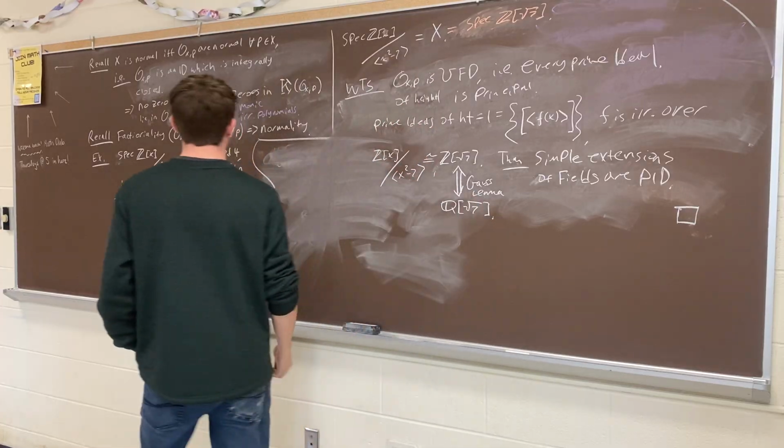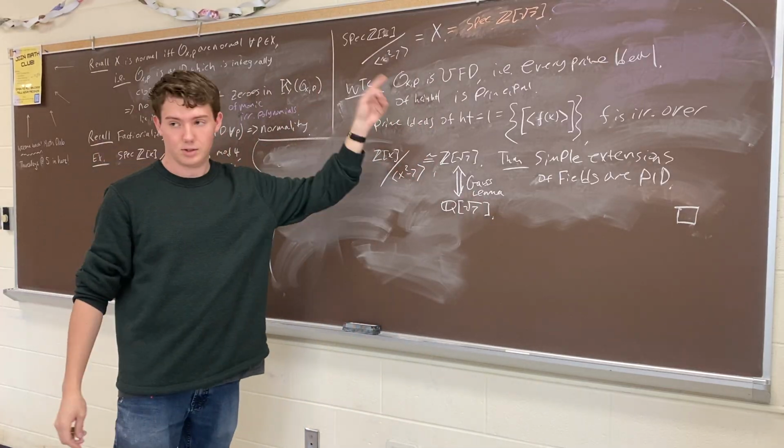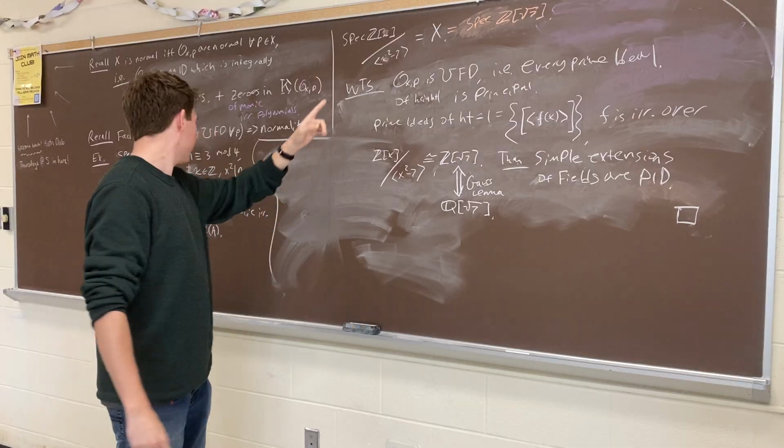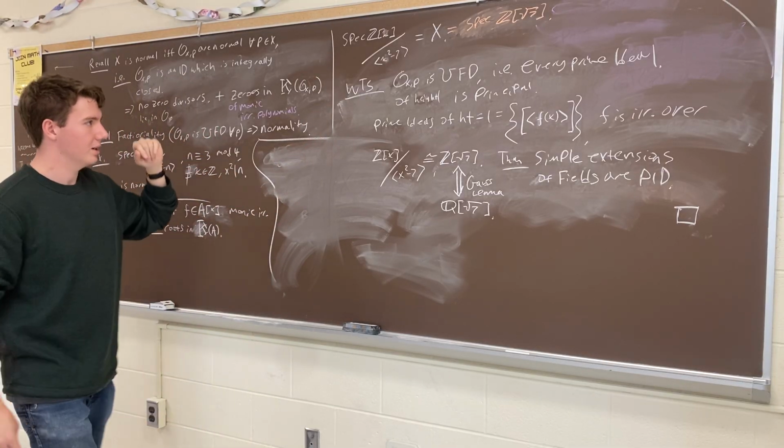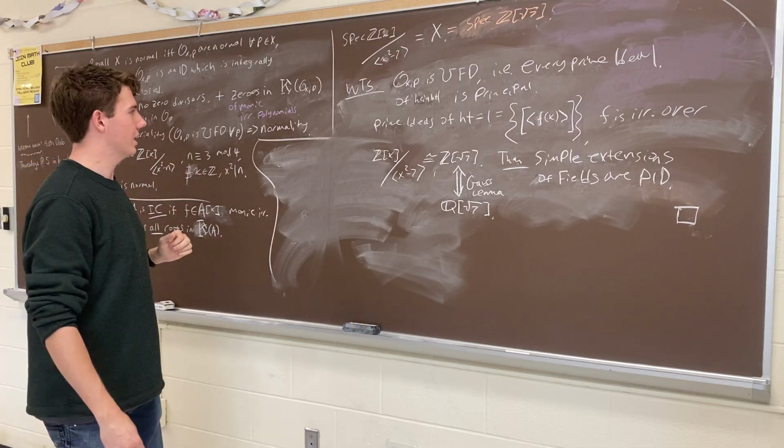And since nothing that we did involved explicitly 7, but rather the condition congruent to 3 mod 4, square free, this does work, although it is not written very nicely.